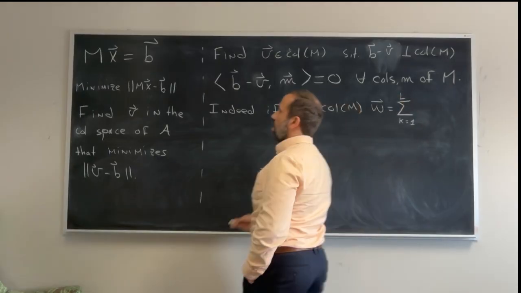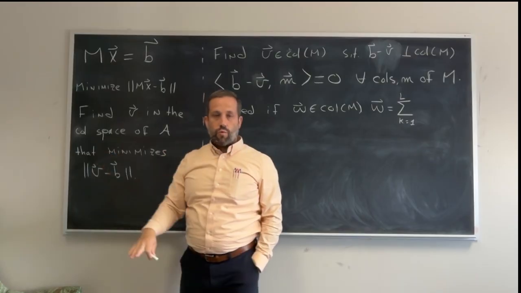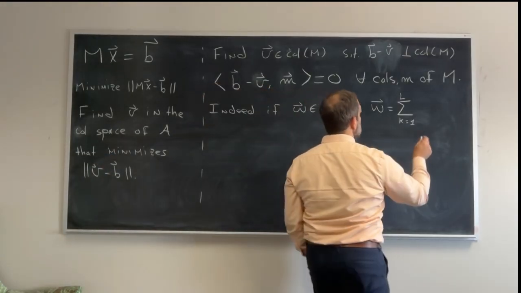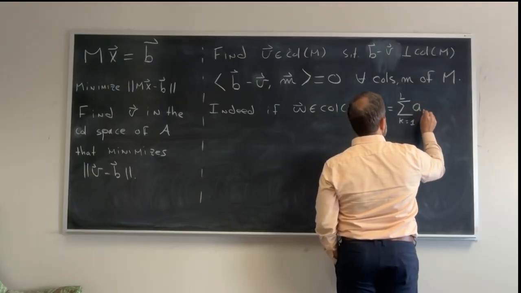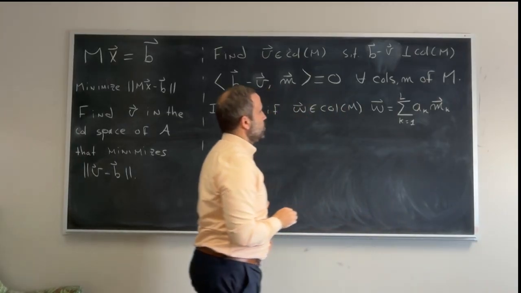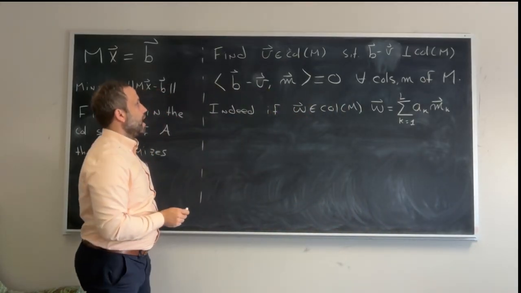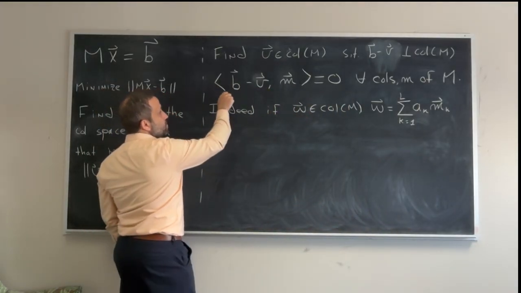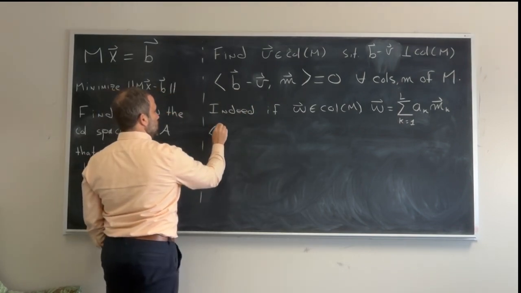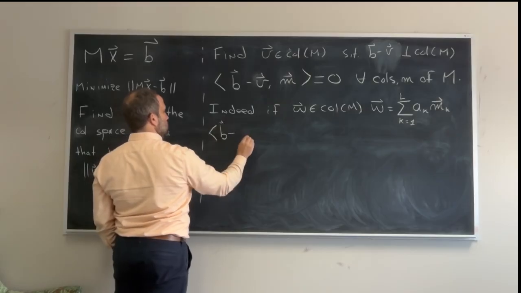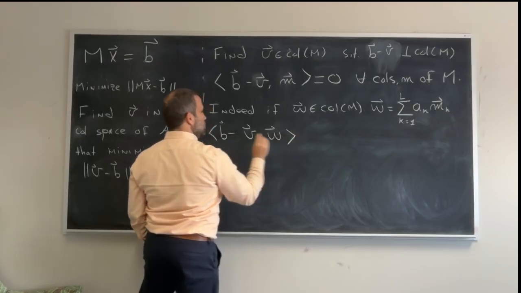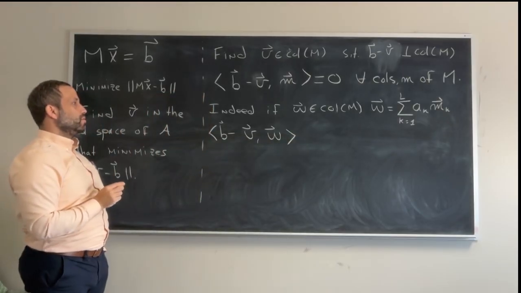We'll say that M has n rows and L columns, and m_k is the kth column of M. Then I want to show that if this inner product is equal to 0 for all columns of M, then the inner product of b minus v with w is equal to 0.